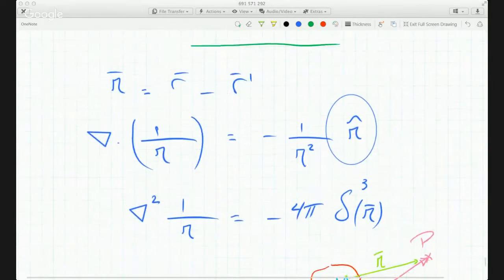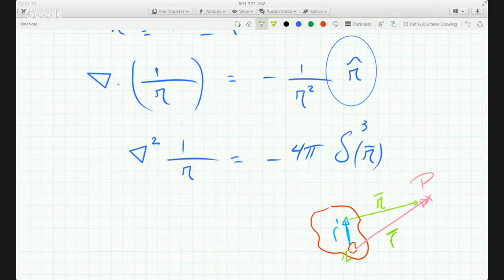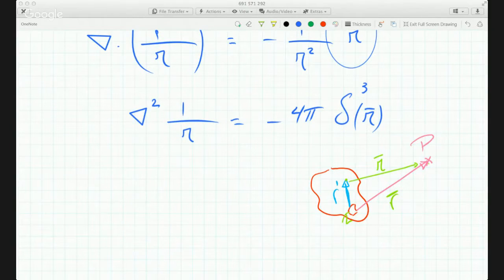R prime plus the separation vector would get you the vector R, where that point is away from the elemental volume that we are picking. And of course, this will involve integrals because to capture the entire potato-shaped body, you need to integrate over the entire body.